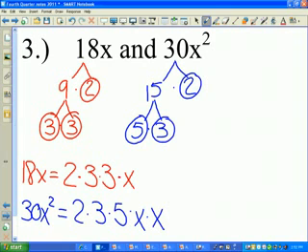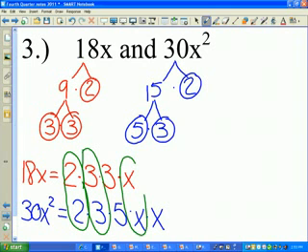So what do you notice? They have a group of 2's and they have a group of 3's. Anything else? Yes, they have a group of x's.